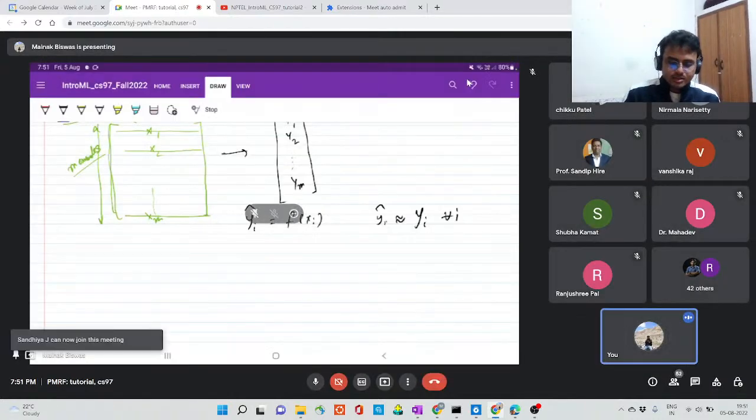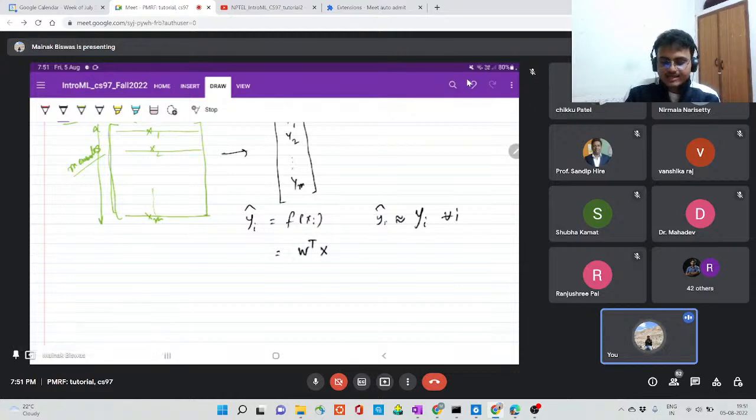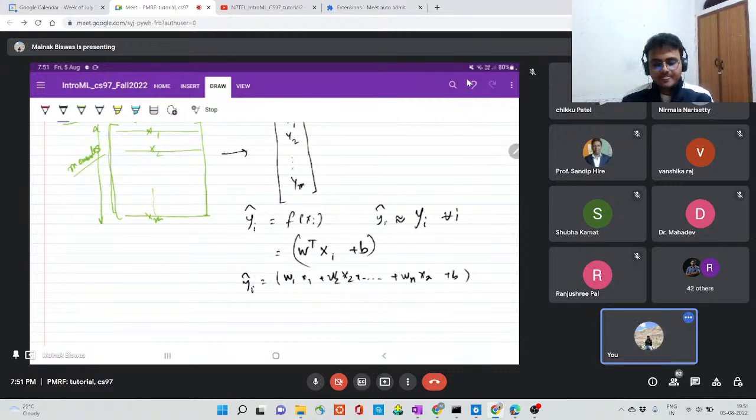If it's a linear function, we can take w transpose xi plus b to be the function. So you take w1 x1 plus w2 x2; you take some weight of each random variable and add them to get y hat. So you take a weighted sum of all the features.